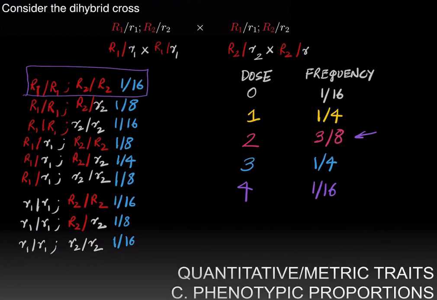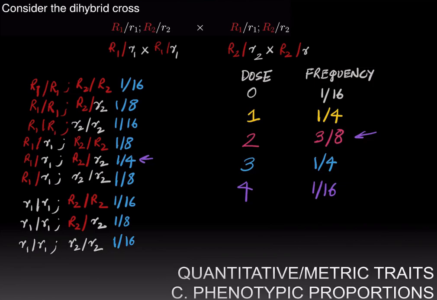And having worked these genotypes out, it's pretty clear why that is the case. That's because the intermediate values are produced by heterozygotes, like this individual, and heterozygotes tend to be the most common in dihybrid crosses, because there are 2 ways to make a het.